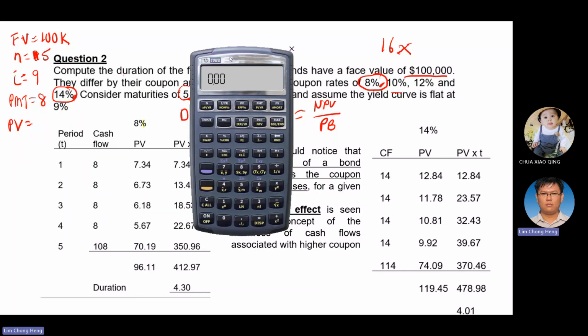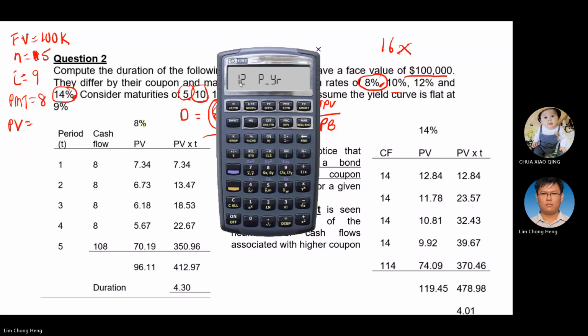Okay, for the HP calculator, you need to check the payments per year. This one shows me 12 payments per year. You press shift and check, it is 12 payments per year. Now you need to change it to 1. So you press 1, shift PYR here.